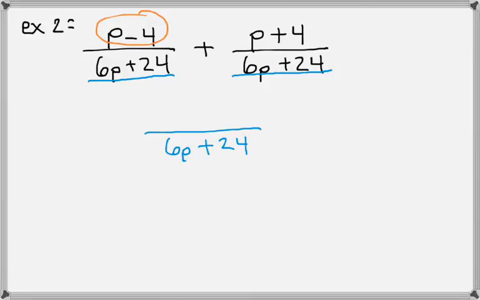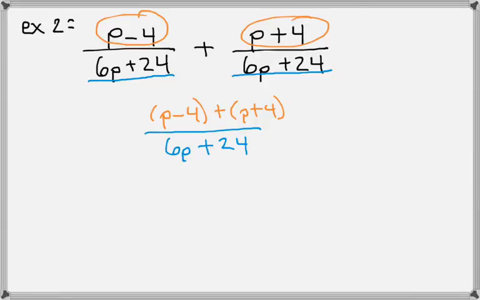So I have that p minus 4, and I'm going to add my other numerator, that whole thing, p plus 4. Now, in the other steps, we've essentially been able to just add and be done. Now we have to look to make some simplifications.